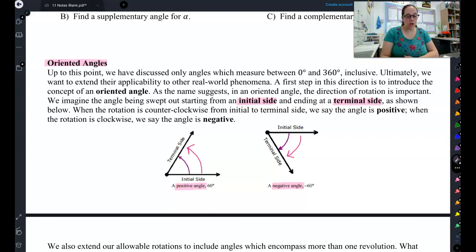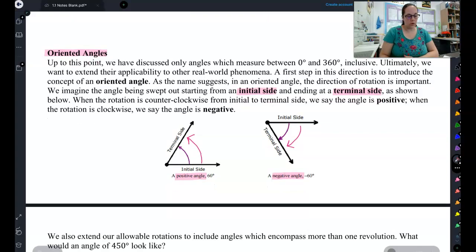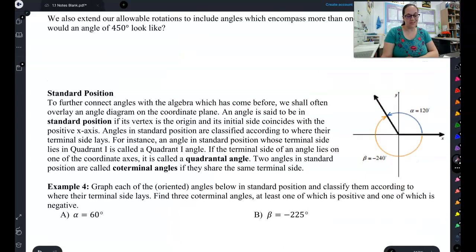Now, along with oriented angles, we also need to talk about angles in standard position. We're going to start to graph angles on our coordinate graph. Here's our x-axis, here's our y-axis. Now, when we graph these angles in standard position, we always put the initial side of the angle on the positive x-axis.